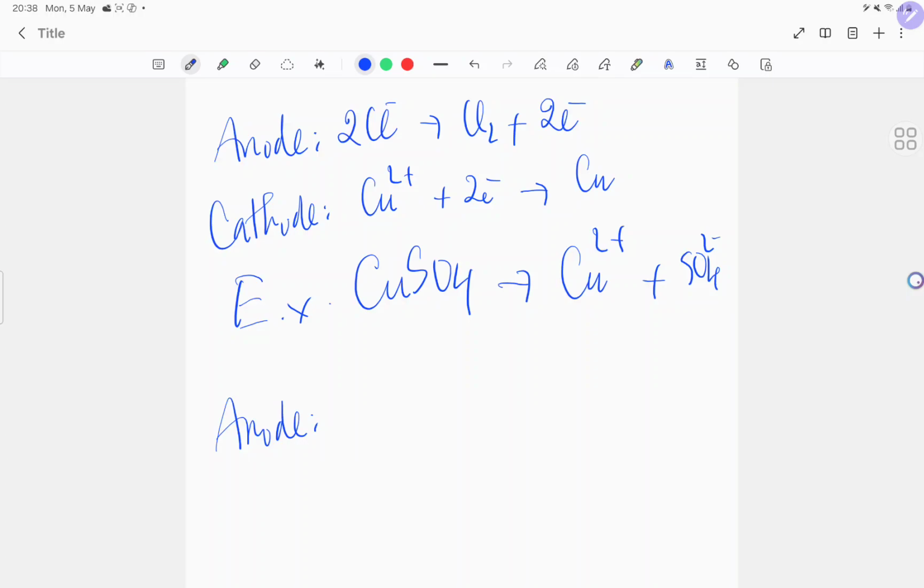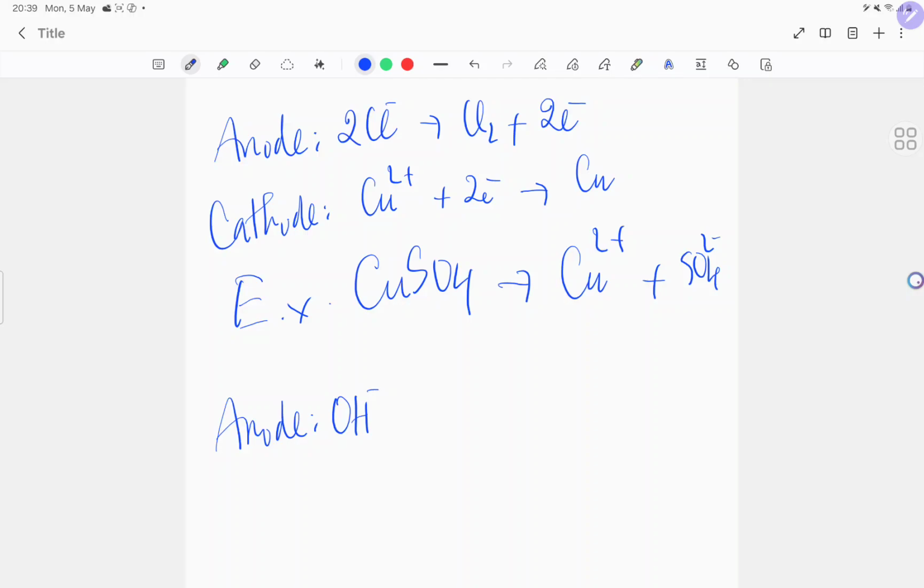I thought you said anything with O will go to the anode. It will not go to the anode. Understood? The anode is the positive electrode, so the anion will come to it. But in the case of aqueous electrolysis, the anion that comes to the anode is not SO4 2 minus, but the OH minus of water.